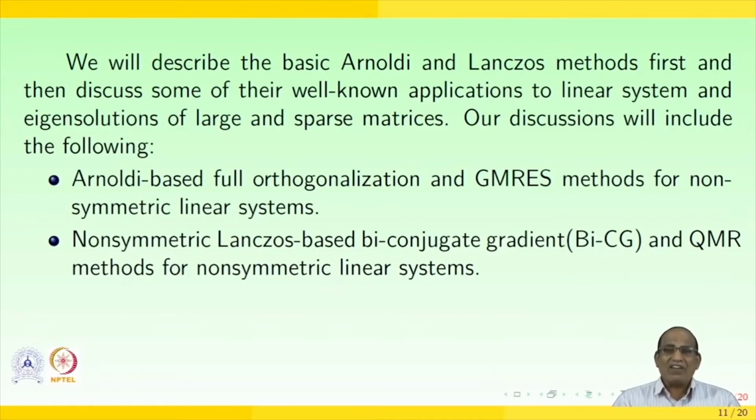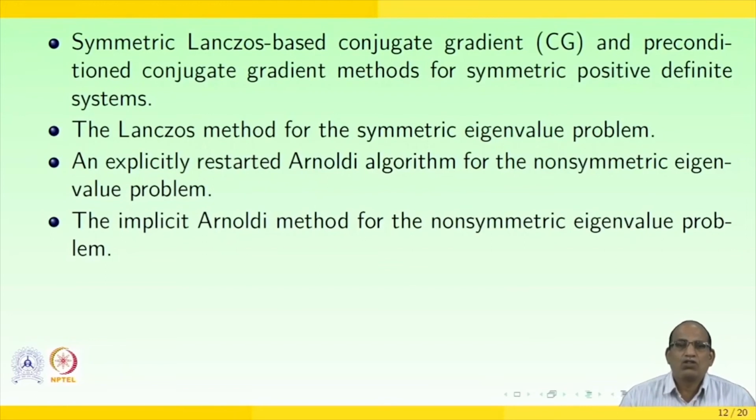As all of you know very well, the Arnoldi full orthogonalization and Gram-Schmidt orthogonalization processes for non-symmetric linear systems possess similar properties. There is the non-symmetric Lanczos-based biconjugate gradient method and the QMR method for non-symmetric linear systems. Then there are the symmetric Lanczos-based conjugate gradient method and preconditioned conjugate gradient methods for symmetric positive definite matrices.